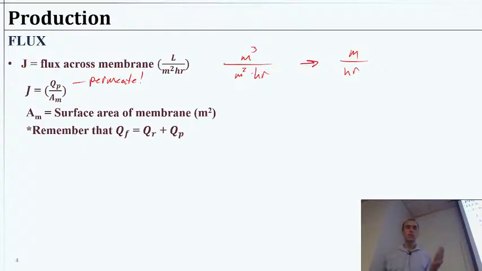AM would then be the surface area of the membrane. And of course, like always, our flow rates are going to be consistent. So if we have some information about how much water we are feeding the membrane and a ratio, maybe the water recovery rate of the membrane, then we know exactly how much Q is permeating. We will be able to solve that.